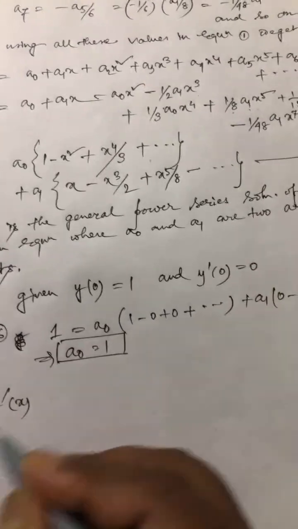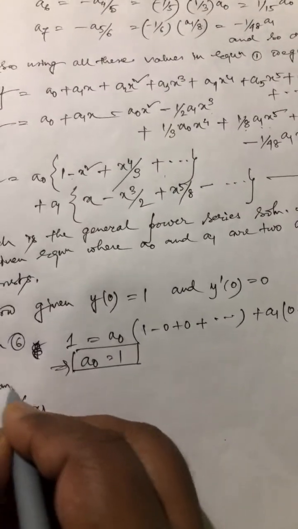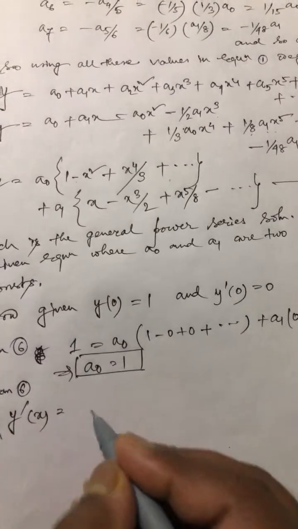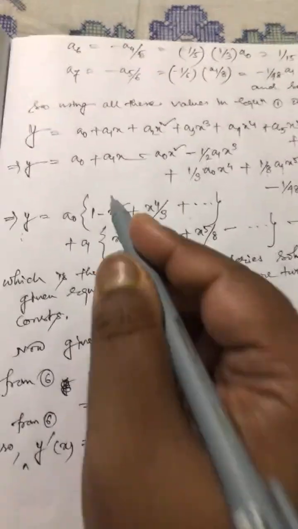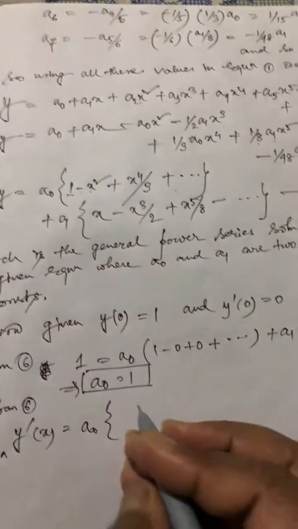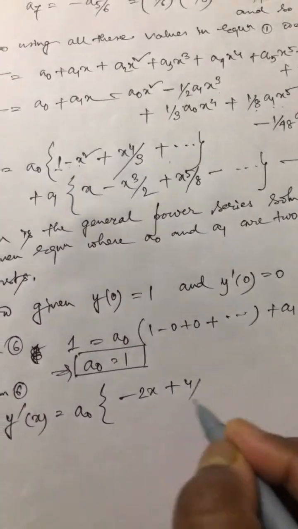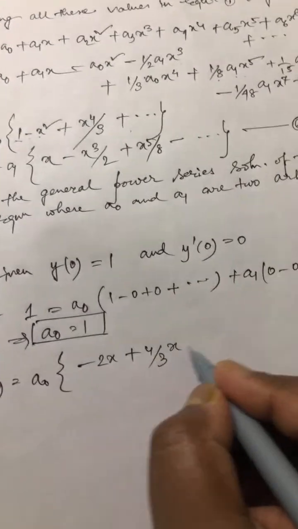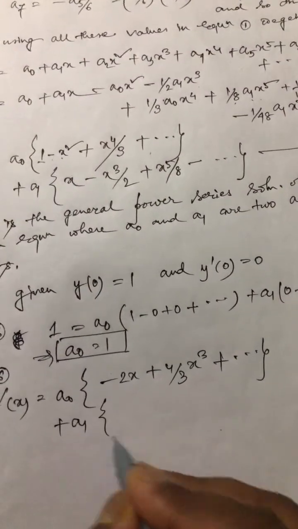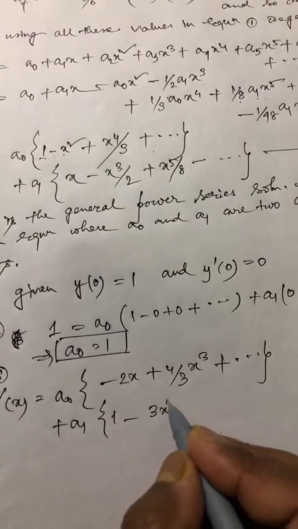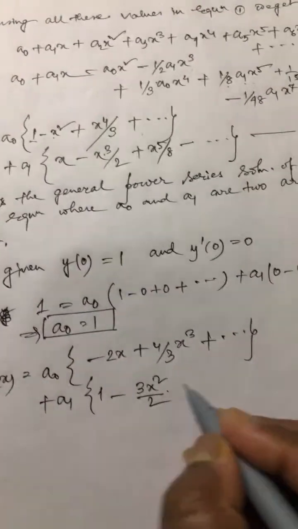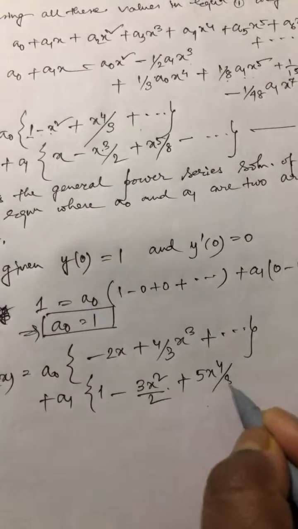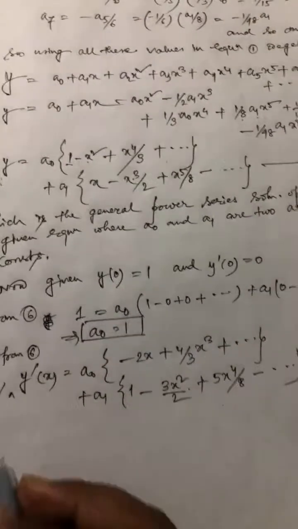Also y dash x from 6, what will be the value? a naught is constant, this is 0, this is minus 2x, 4 by 3 x cube and so on, then plus a1 times 1 minus 3x square by 2, then 5 x to the power 4 by 8 minus and so on.